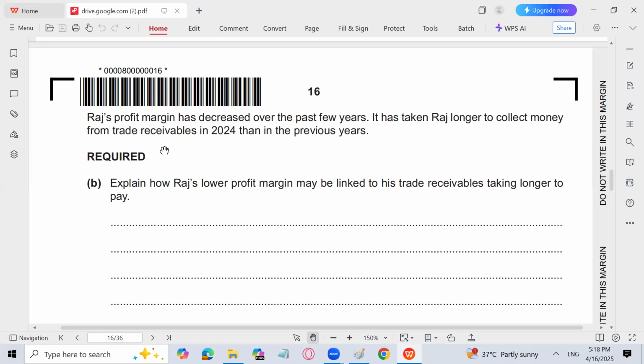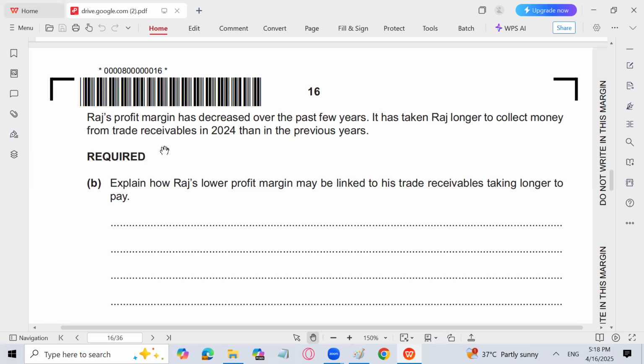Trade receivables are increasing because they are not making the payment on time, right? And also it shows that your sales are decreasing. So decrease in sales will eventually result in the decrease in the profit. And decrease in sales and increase in trade receivable also suggest that trade receivables are not paying the amount, so you have to give discount to them.